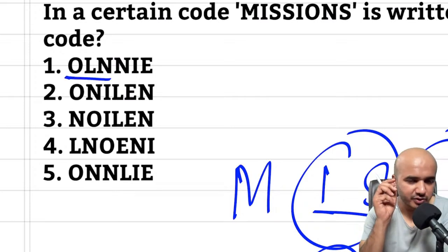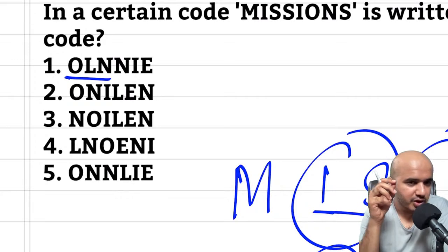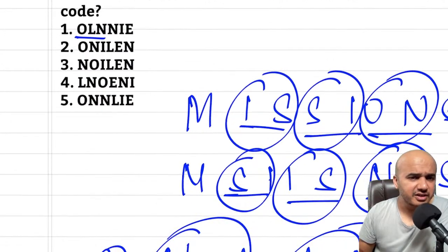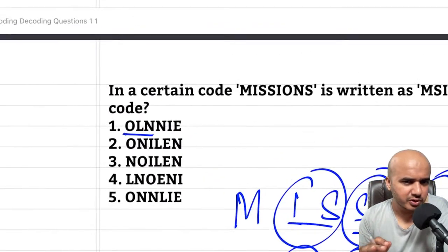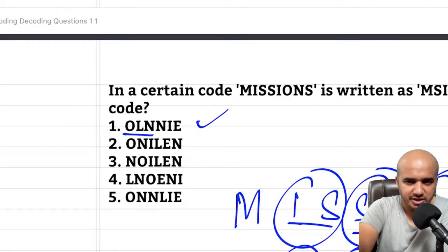So this is one trick which you can follow in exam as well. If you see one of the options having the first 2 or 3 letters which you have already cracked, select that option straight away. Don't even look at the other letters. Why do you have to waste time looking for others when you already know this is the right answer? Anyway, let's move on.